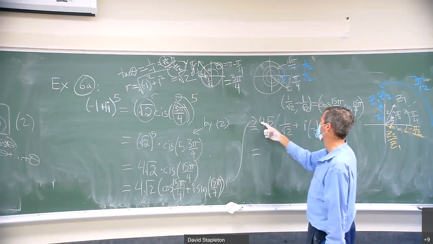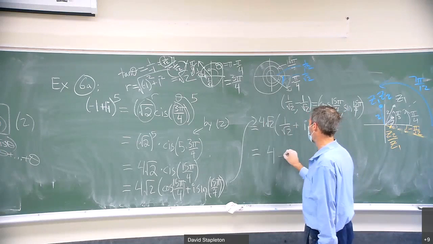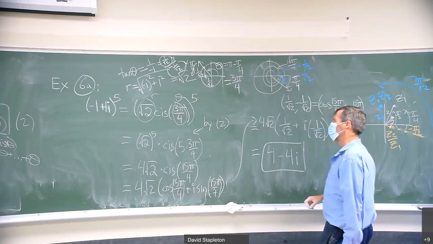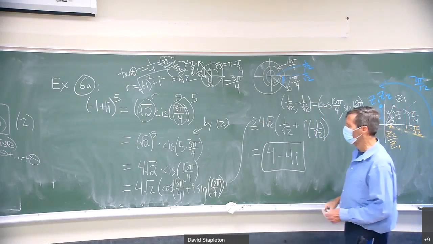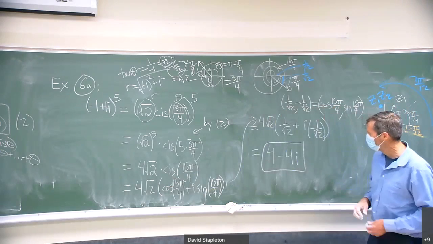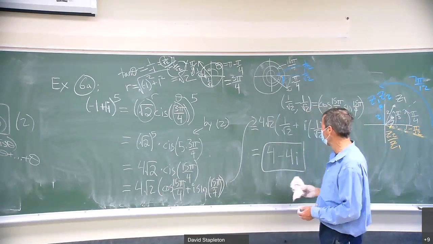And now the square root 2's cancel, and I get 4 here, and minus 4i here. So there's the fifth power. If I put it into its polar form, all I have to do is multiply. I don't have to FOIL a whole bunch of times. If I had a 50th power, I would need this. Maybe I'll put that in the test.